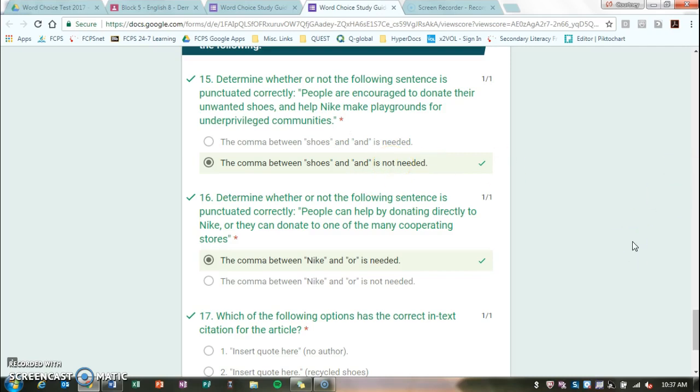Number 16 is the same sentiment. People can help by donating directly to Nike, or they can donate to one of the many cooperating stores. Find my fanboys, look to the left. People can help by donating directly to Nike, independent. They can donate to one of many cooperating stores, independent. So when it's I plus I, you need a comma before the conjunction.